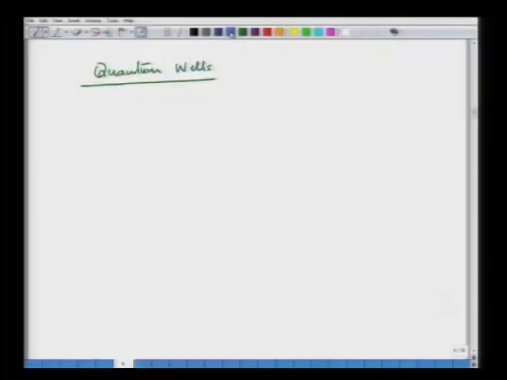So, what we are talking about here is we have a material which is going to be large band gap, and then we make another material which is going to be low band gap. So, we are using the picture of the band gap structure, where large band gap material is sandwiching a low band gap material.